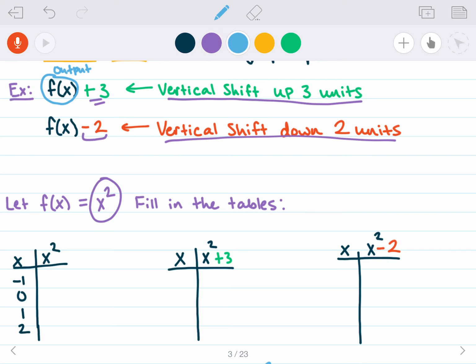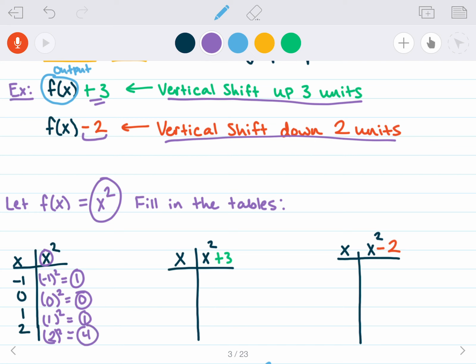To get the key points, you just pick some numbers on the left and the right side of the vertex, and then you put them in the function and get outputs. So if we put in -1 into x squared, -1 squared is 1, so that's our output. 0 squared is 0, 1 squared is 1, and 2 squared is 4. Okay, so those are our outputs.